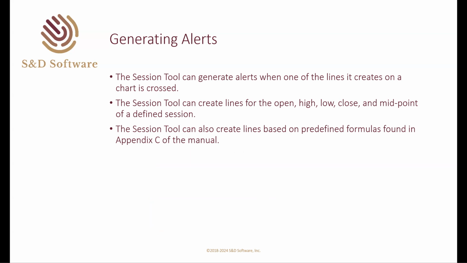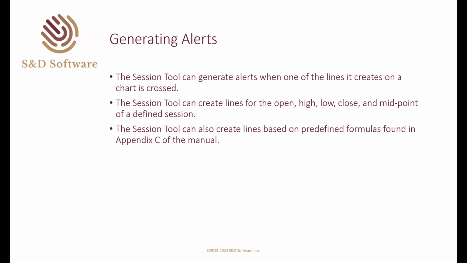Now the session tool can generate alerts. You can tell it to generate alerts when one of the lines that it puts onto the chart is crossed, and you can do this on a line-by-line basis.